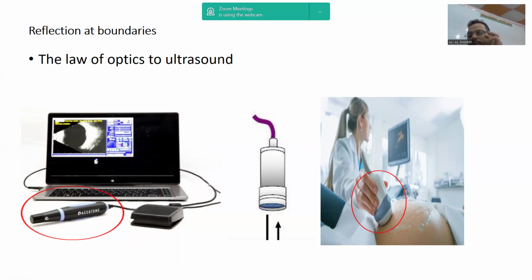How can the probe send the ultrasound waves to your specific soft tissue? Okay, we said the piezoelectric, by applying a different potential, starts to vibrate, which means it generates the ultrasound waves and receives them. But how does it receive this ultrasound?